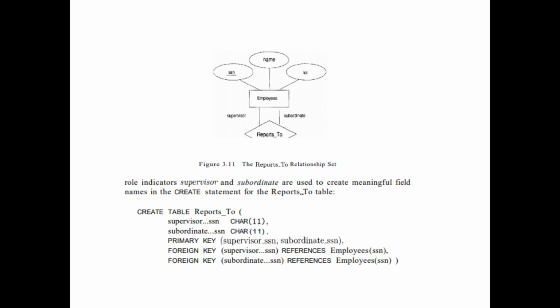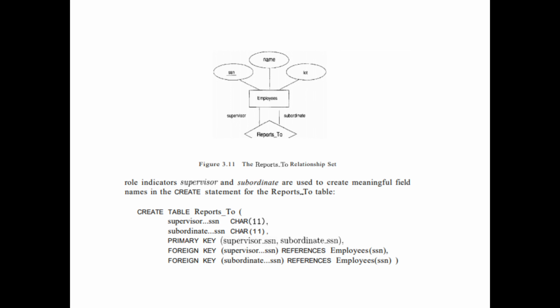That's why, at the time of creating the Reports_To table, we already know how to create the employee table with the three fields SSN, name, lot. Now our aim is how to create the Reports_To table. Here we will mention the attributes: supervisor SSN.